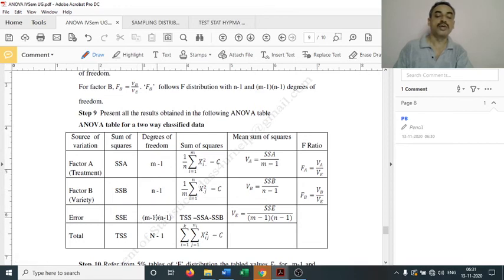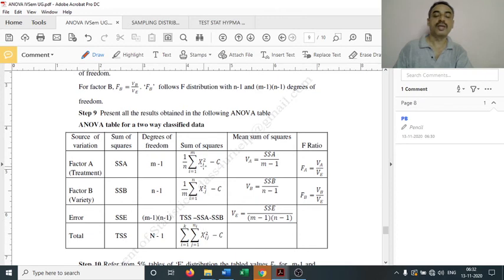It is not in the order m minus 1, n minus 1, and then capital N minus 1 with error ignored. We get the degrees of freedom of error by subtracting the degrees of freedom of SSA and SSB from the degrees of freedom of TSS. Therefore, the degrees of freedom of SSE will be N minus 1 minus n minus 1 minus m minus 1, which is m minus 1 into n minus 1.